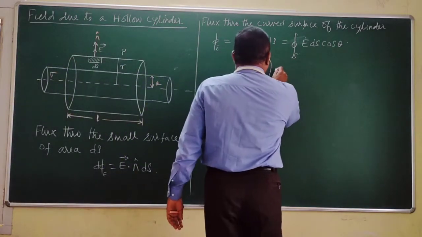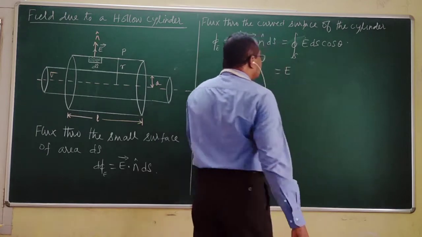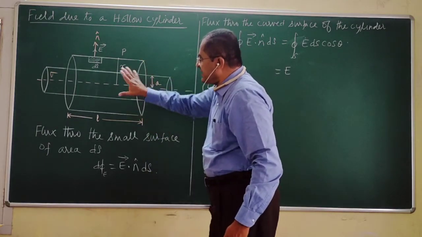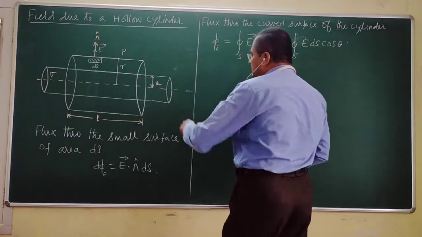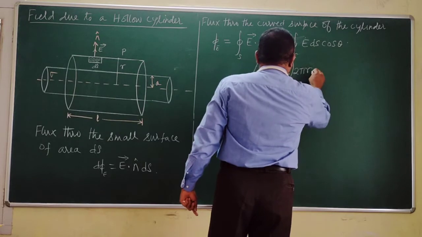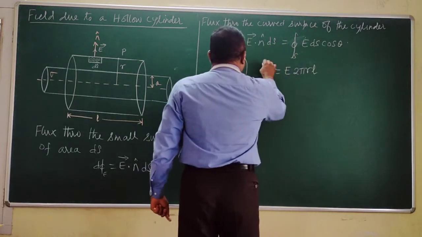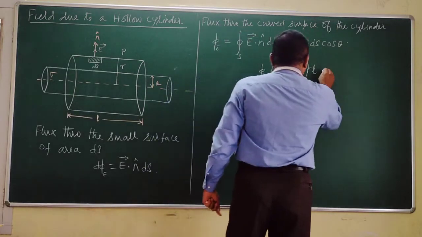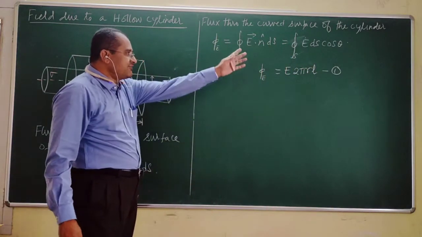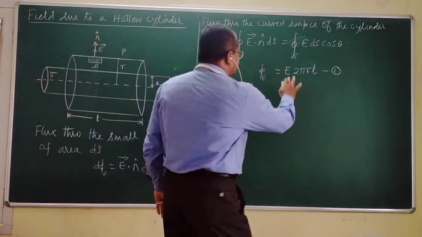Therefore, it will give me E ds, which must give me the curved surface of this cylinder. The circumference is 2 pi r into L. Therefore, phi E is equal to E into 2 pi r L is what we get if we integrate this expression.